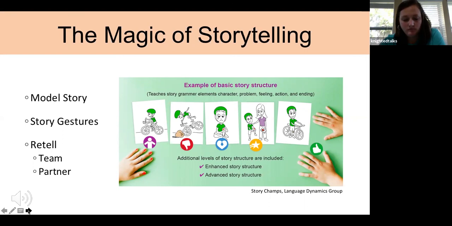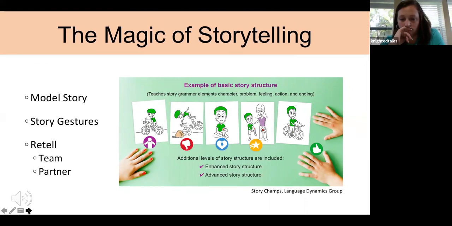However, I wanted to show you the little images, the little visuals under each picture. So you see the child with the green helmet, and under each picture you'll see a corresponding element of story grammar or story structure features. So you'll see in the first one, in the purple one, it's a little character. Then you see the child appears to be falling over a rock, and you see a thumbs down, that's the problem.